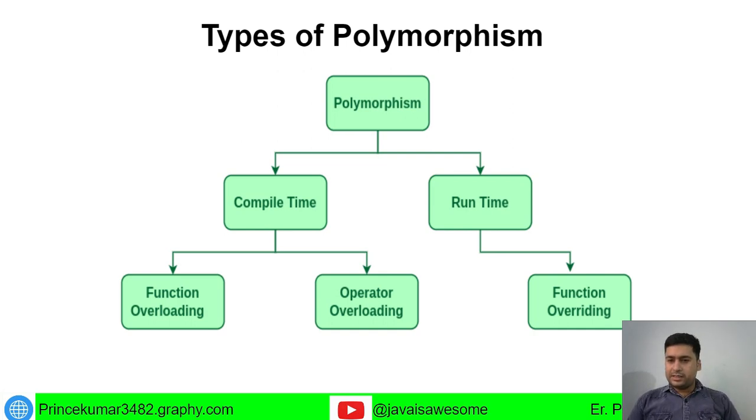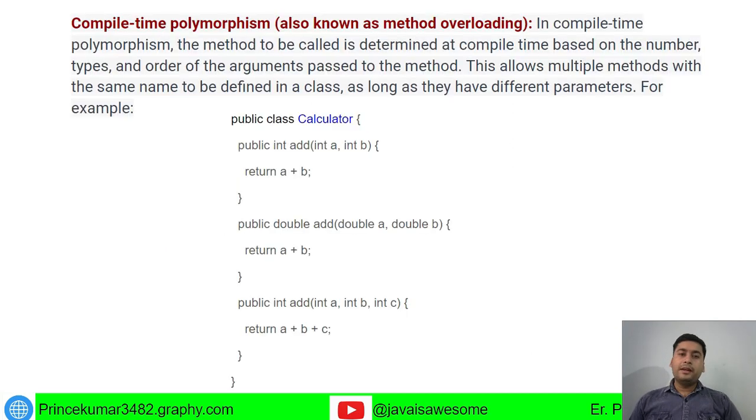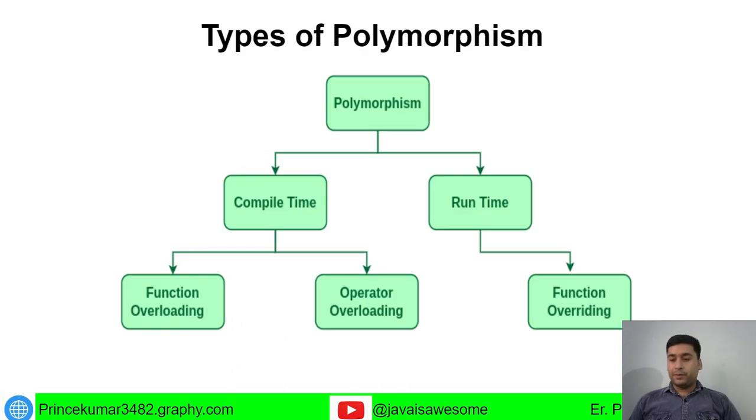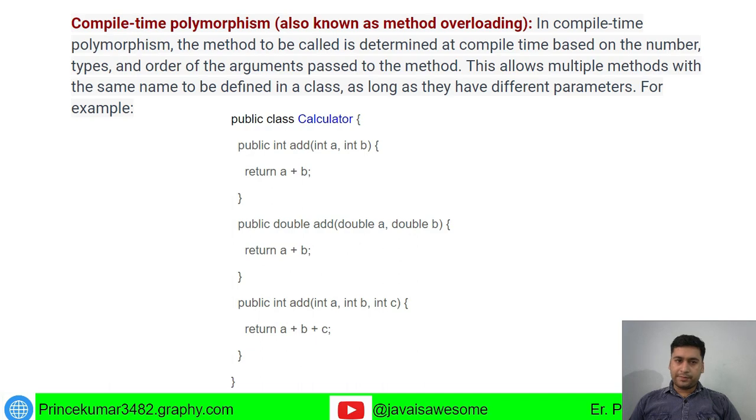Runtime polymorphism means method overriding. So runtime polymorphism is method overriding and compile time polymorphism is method overloading. Let us see what method overloading is and what method overriding is. These are very important interview questions also, so please remember them.